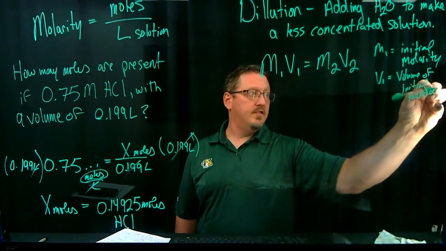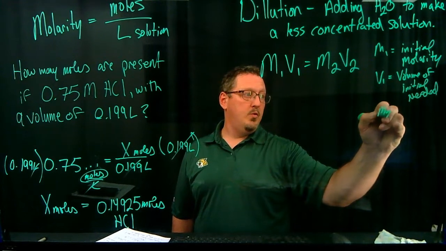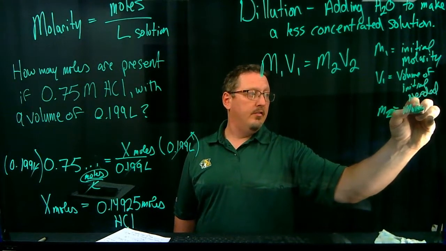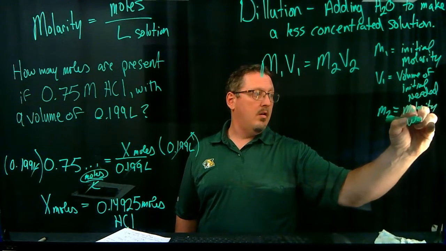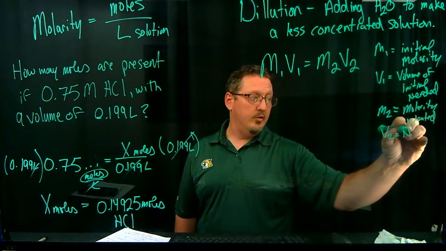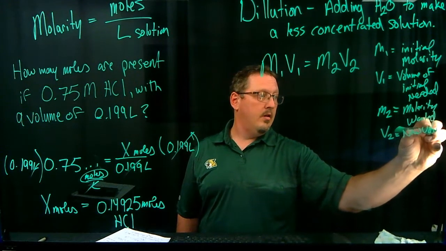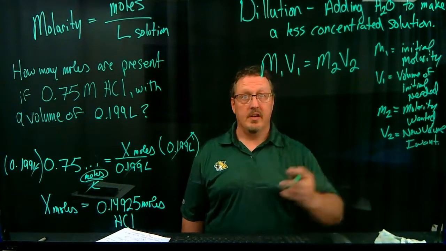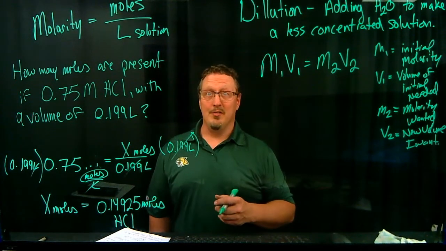I'll show you that in just a second. M2 equals the molarity I want after I dilute it. And V2 equals the new volume that I want. So let me show you what that looks like in a problem, and then we can give this one a kiss and be done with it.